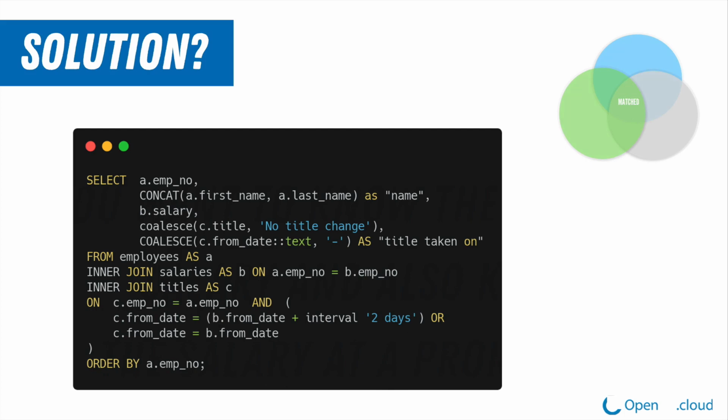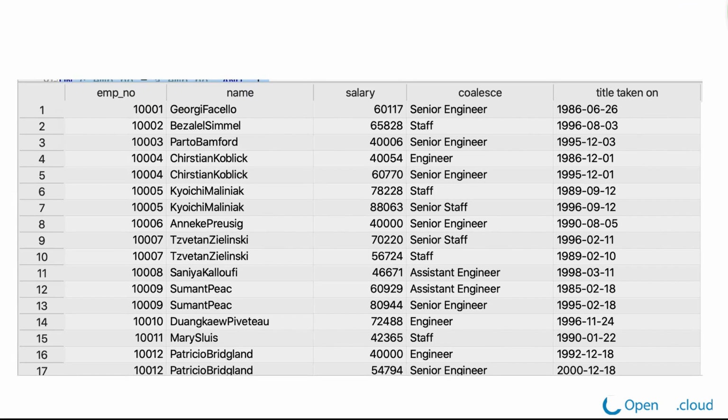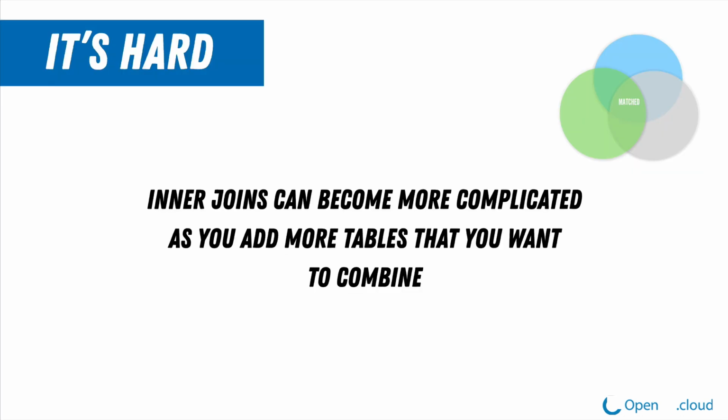And so if you took the query here and you executed it, what you basically would get is something along these lines. You would get their name, their salary, and when they got a raise, which is basically the exact same thing that we saw happen here. And we can see when they got their title bump. Now, inner joins can become complicated as you add more tables. When you want to combine more data, more tables, more cases, inner joins can become quite difficult.